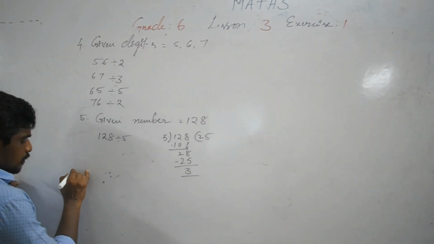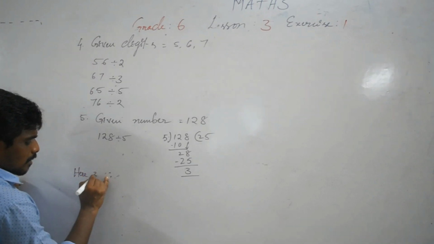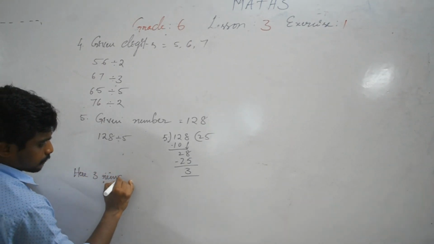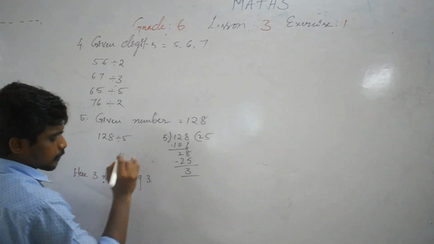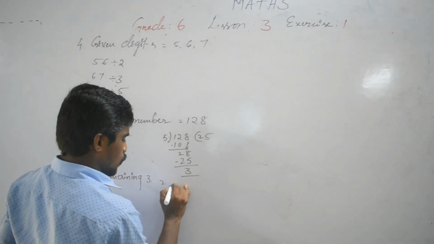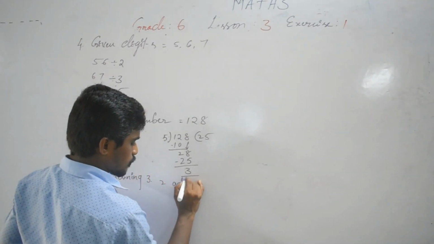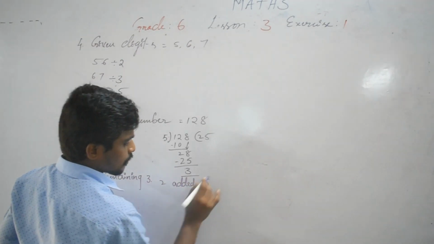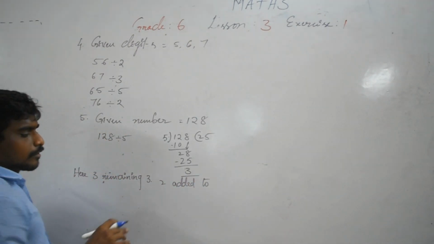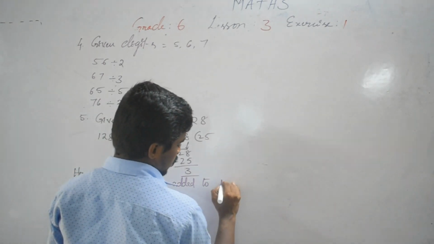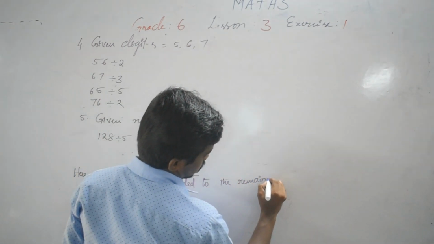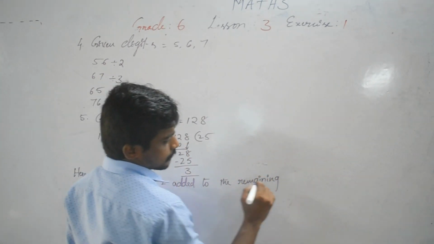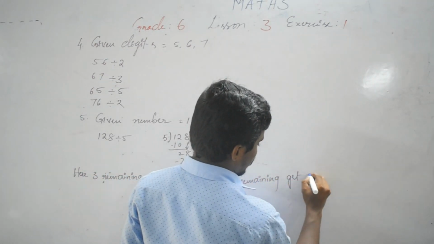So here remaining 3, so 2 is added. The smallest number they are asking. 2 added to the remaining 3 to get 5.